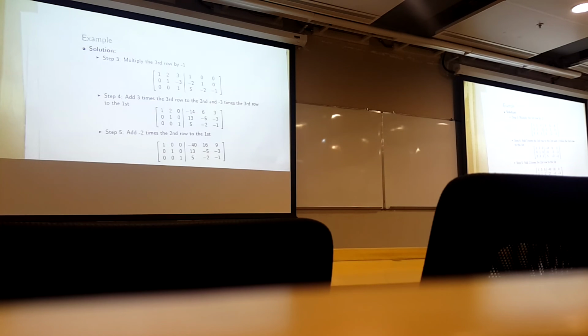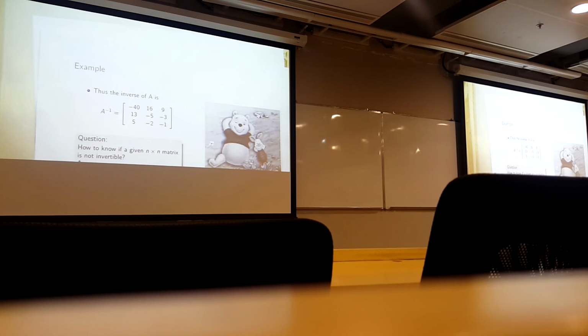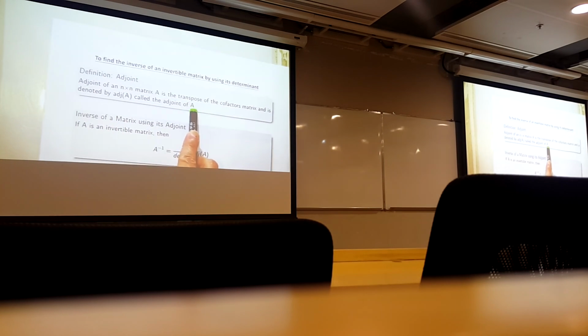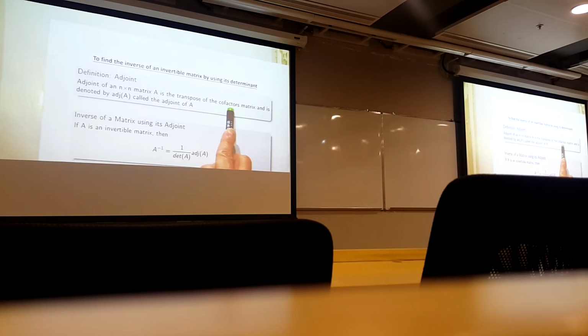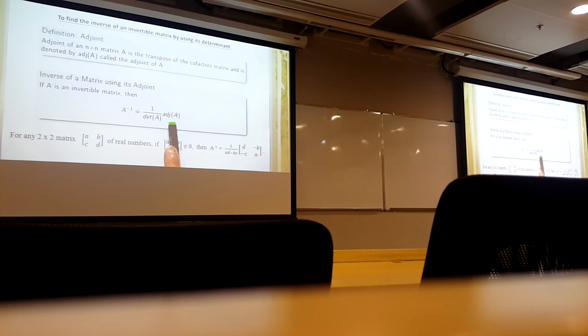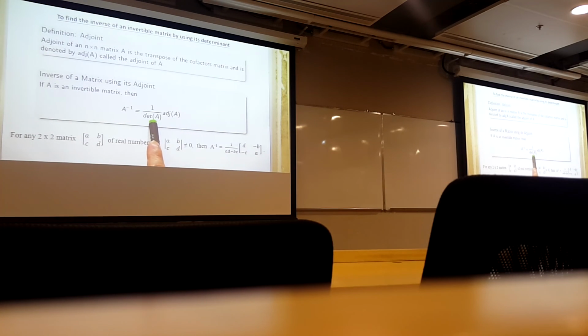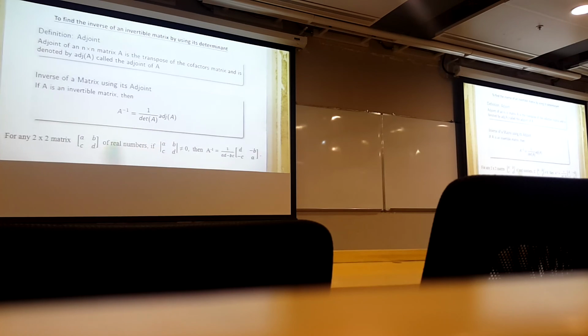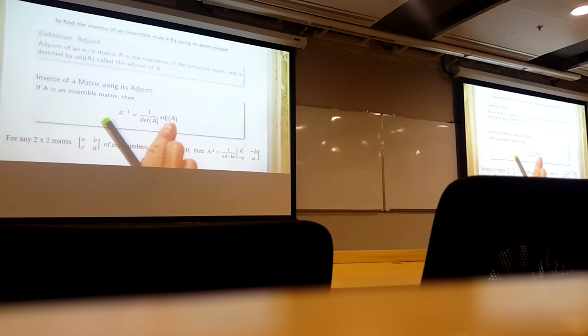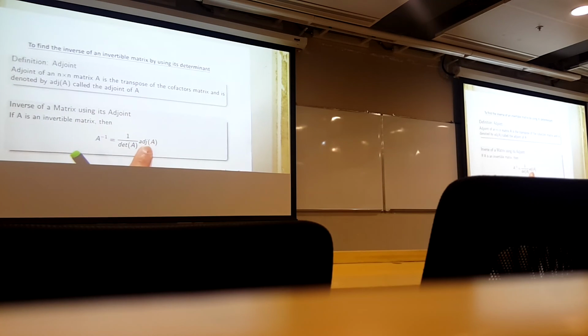Transpose means put all the columns into rows or all the rows into columns, either way. The result is called the adjoint of that matrix. The transpose of the cofactors is called the adjoint of A, written in this form. And you can calculate the determinant of any matrix. If it is non-zero, then we take the reciprocal. The reciprocal of the determinant times the adjoint, meaning the transpose of the cofactors, is the inverse.